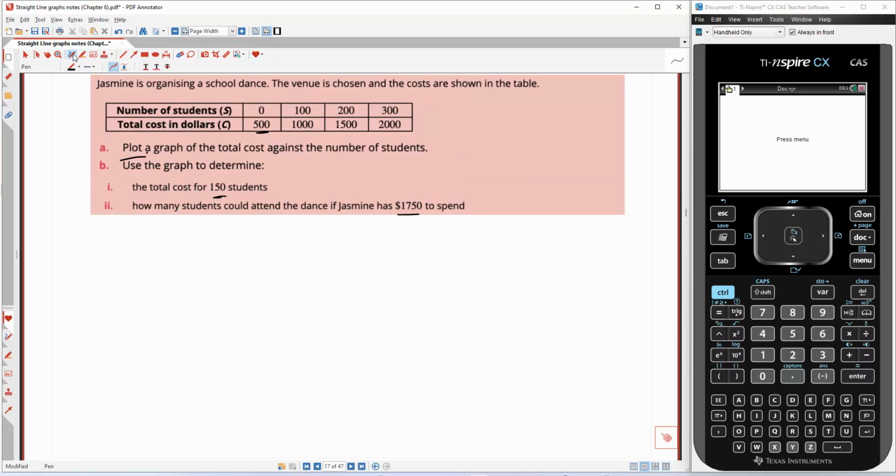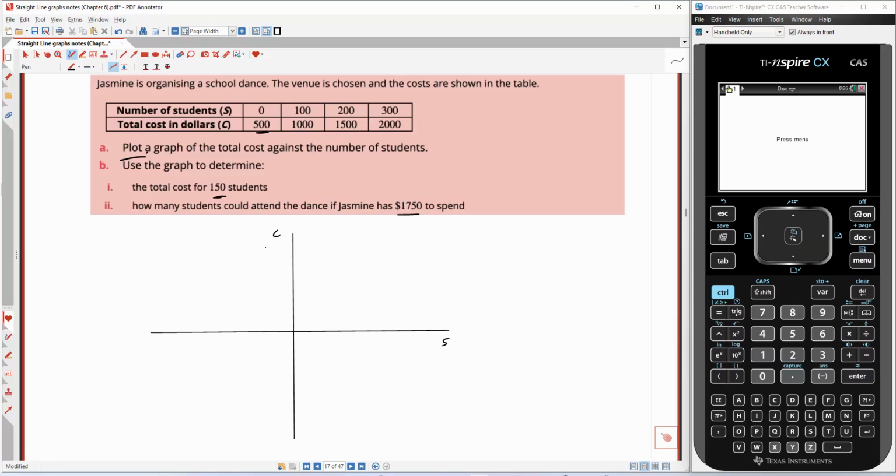So what we'll do is draw up our Cartesian plane. Here goes. And we're going to pop our students as x-axis and total cost in dollars as the y-axis.